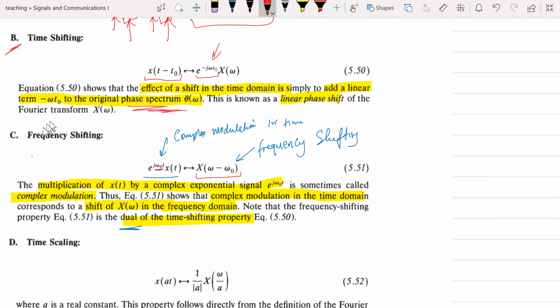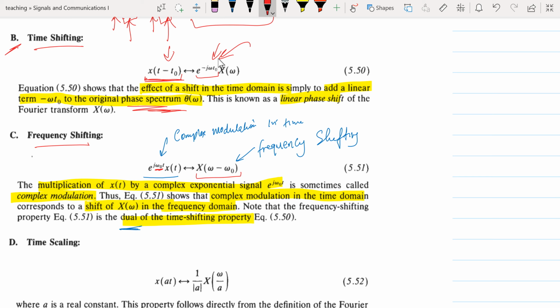Now, to compare frequency shifting with time shifting, we simply say that a shift in time is equivalent to a linear phase shift in frequency. So you can see that we are shifting our non-periodic signal in the time domain by the time t naught, and on the other hand, we are introducing a linear phase shift that is defined by omega t naught. So those two are very significant and they are very similar.